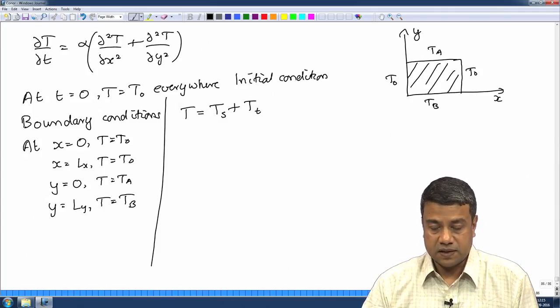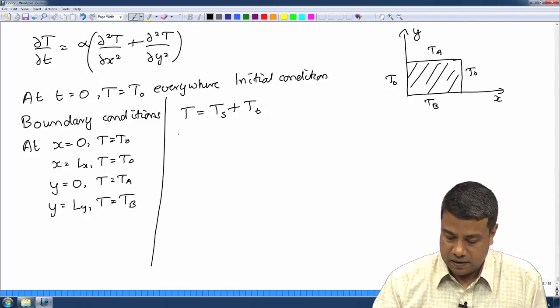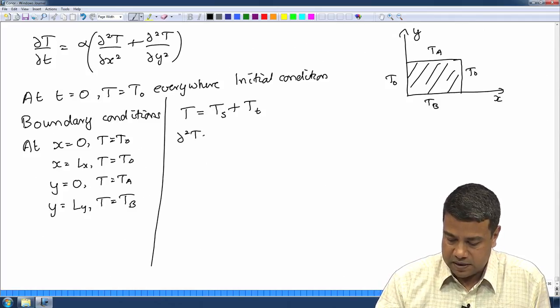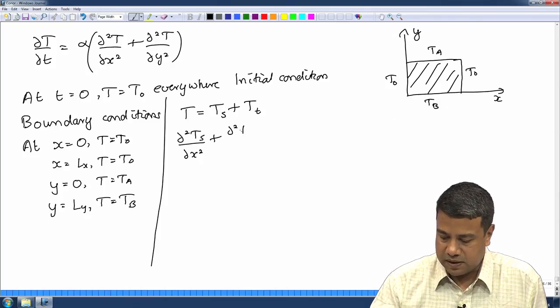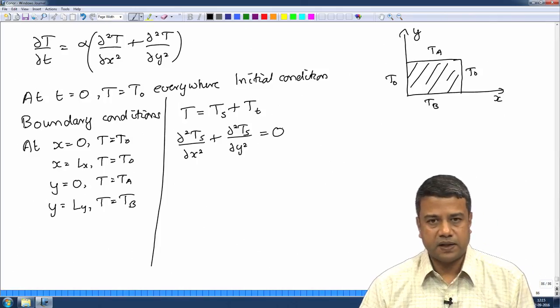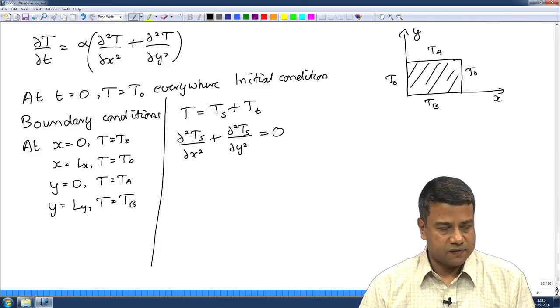For the steady part, we are solving the equation partial square T steady by partial x square plus partial square T steady by partial y square is equal to 0. That is the equation we have just solved.